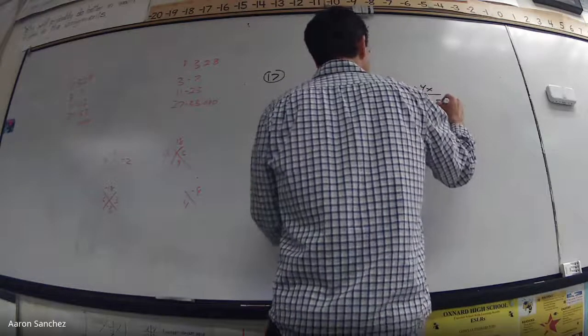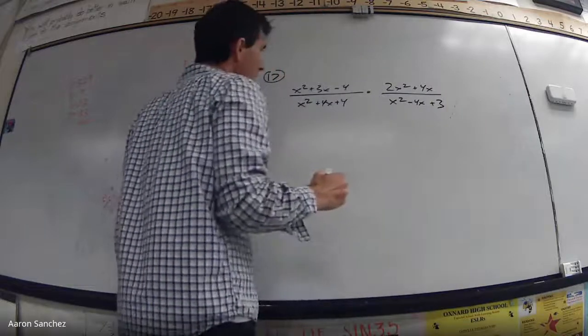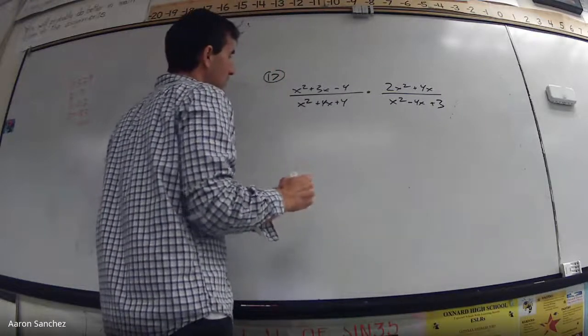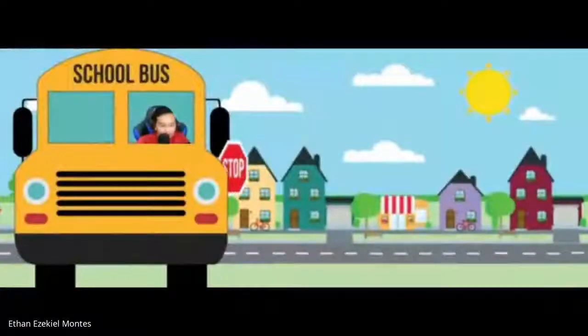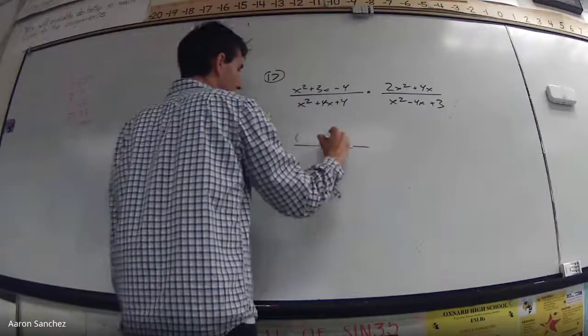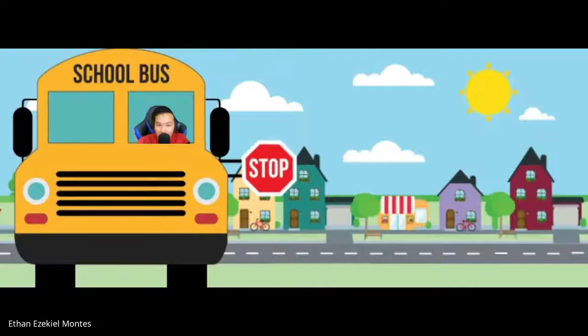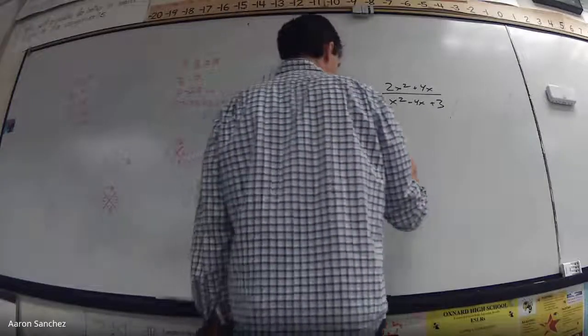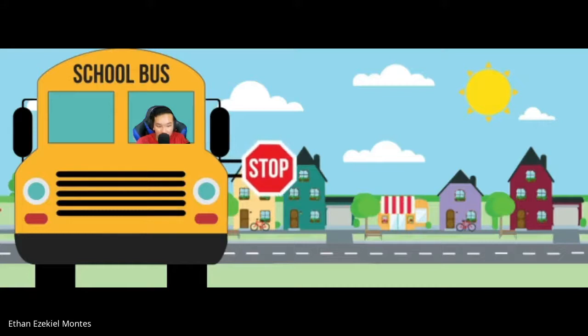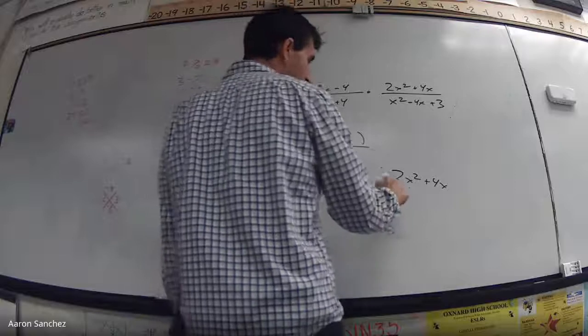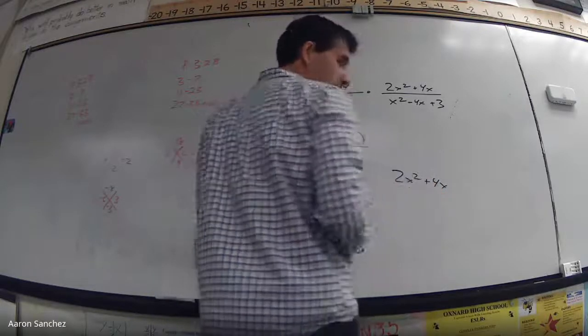All right, Ethan, you ready? Yes. Okay, do you know how to factor this one out? I just don't know how to factor 2x squared plus 4x. You want to find something that these are both divisible by.